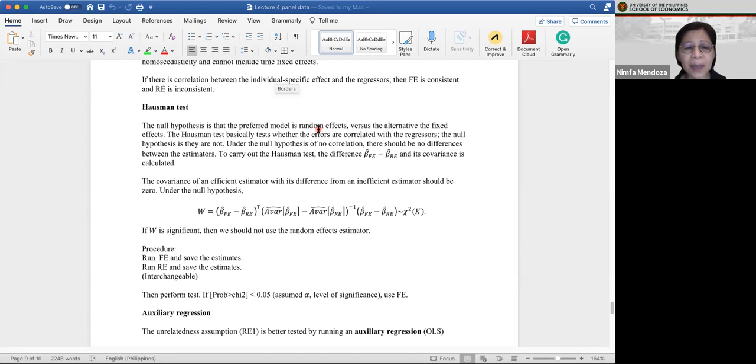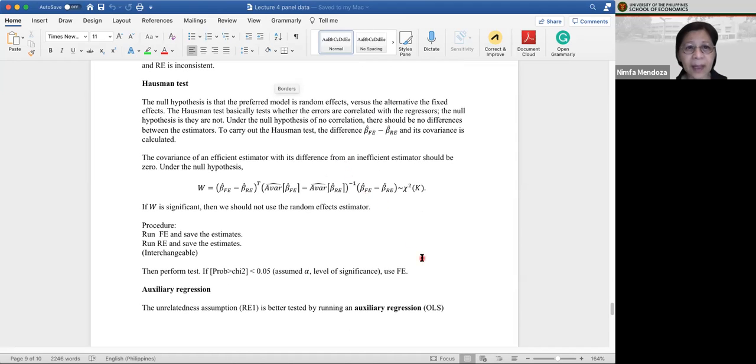So under the null hypothesis, c sub i, the unobserved effect or the individual specific effect, is uncorrelated with the regressors. And the alternative is that you have fixed effects. The Hausman test basically tests whether the errors are correlated with the regressors. The null hypothesis is they are not.